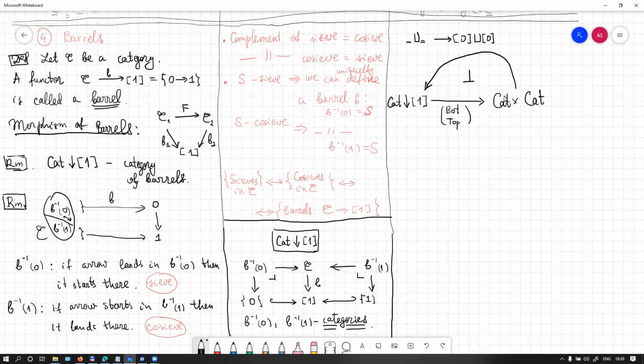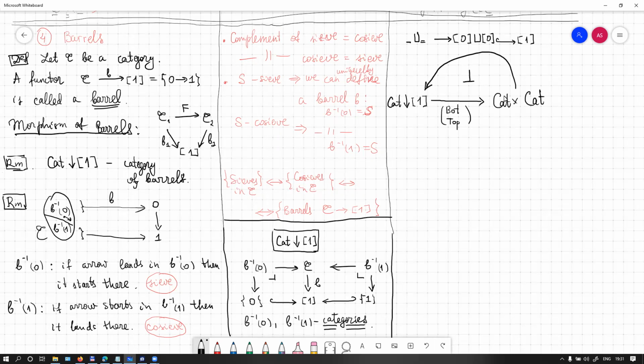And these two objects, 0 and 0. So I will say that here is just one 0, here is another 0 that can be viewed as 1, can be embedded in such a category 1. So this functor will be left adjoint to our bottom-top functor.